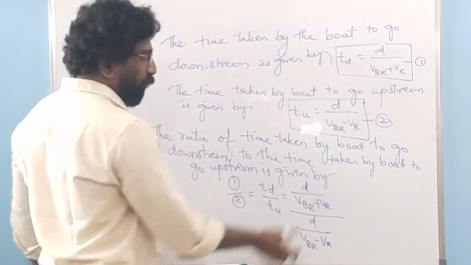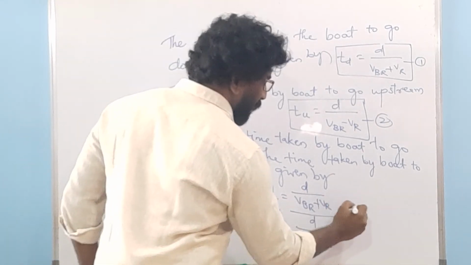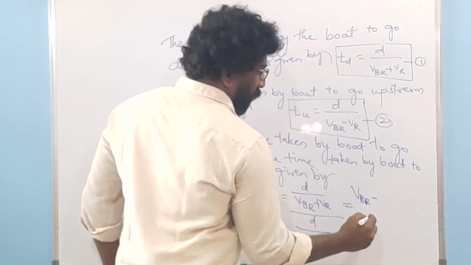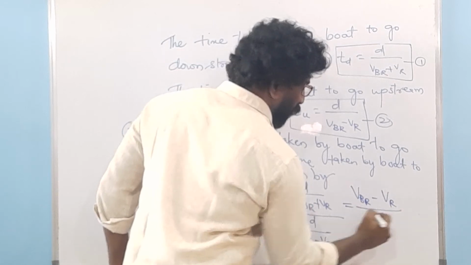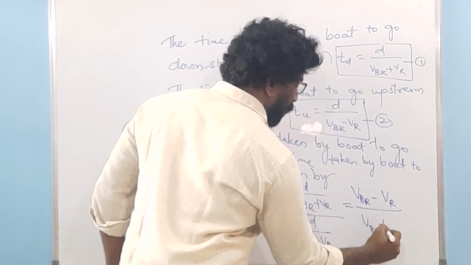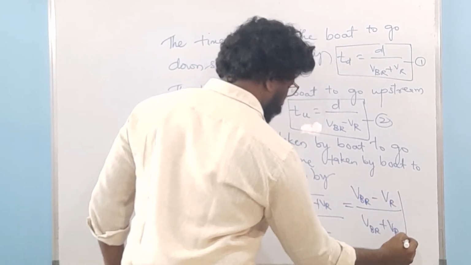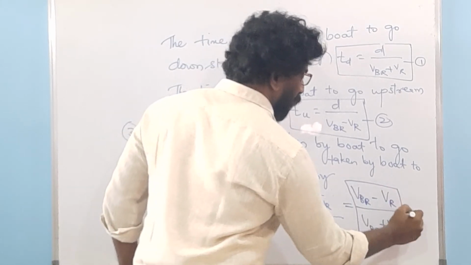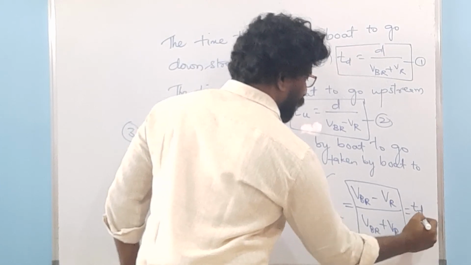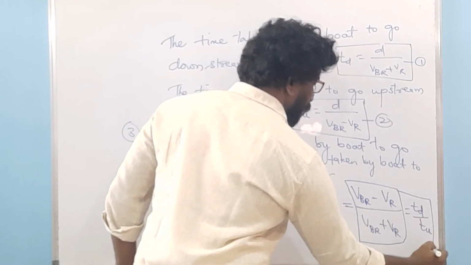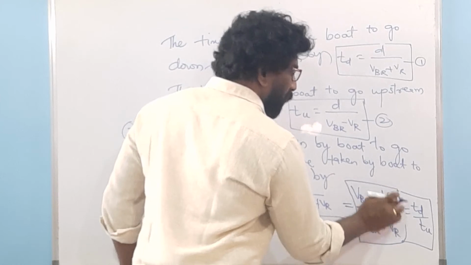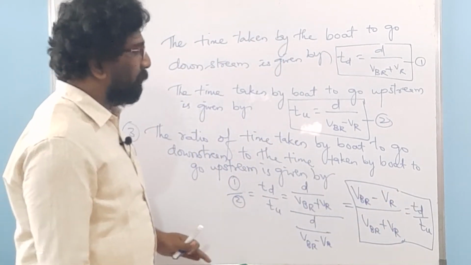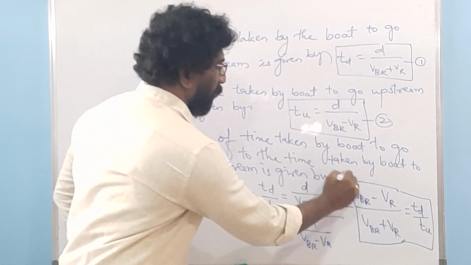If you do the mathematics, ultimately you will get VBR minus VR over VBR plus VR. So this is the ratio of the time taken by a boat to go downstream and then come back on the upstream motion. So this is a very important formula.